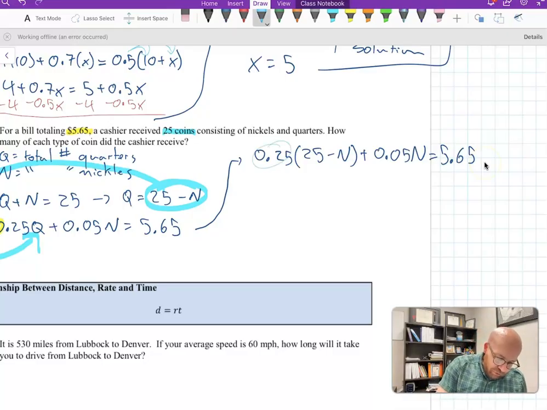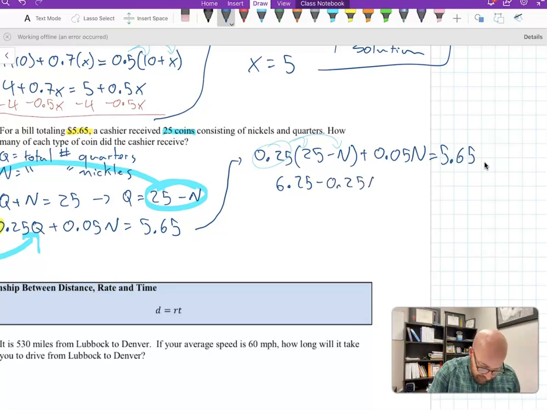Let's begin by distributing. 0.25 times 25 is going to be 6.25 minus 0.25n plus 0.05n is equal to 5.65.